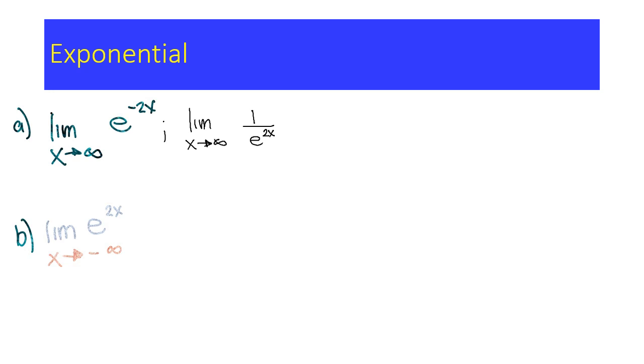Now, if we try to plug in infinity, and you can imagine, so this can be equal to e to the 2 times somewhat infinity. This will be a very large number, and 1 over a very large number is somewhat 1 over infinity, and that is equal to 0.